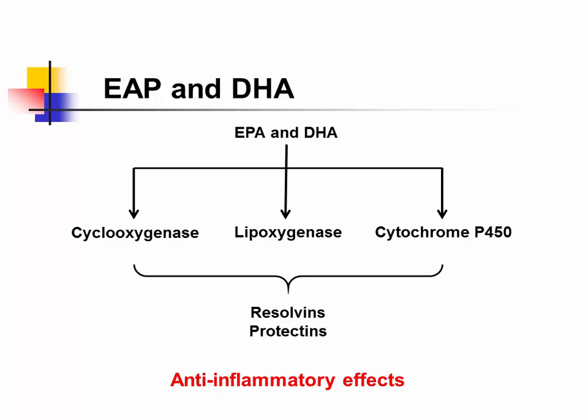You probably also notice that the synthesis of resolvins and protectins from EPA and DHA utilizes the same three pathways, the same enzymes, as omega-6. Remember, arachidonic acid also utilizes the same enzymes and pathways to synthesize the pro-inflammatory mediators.